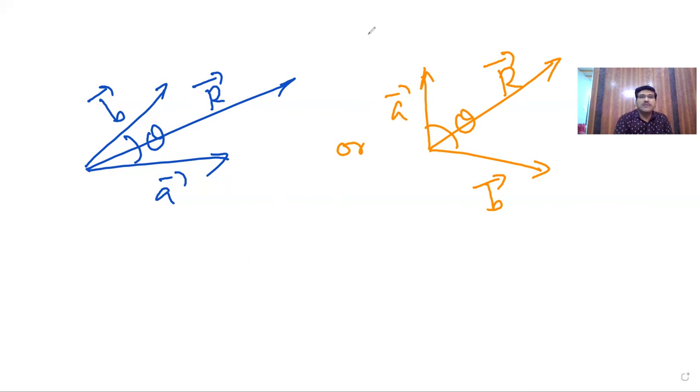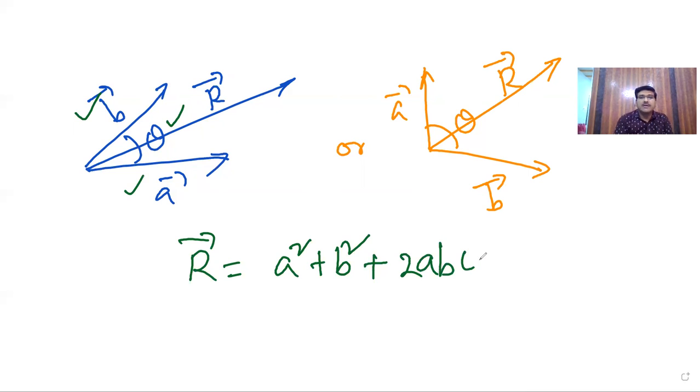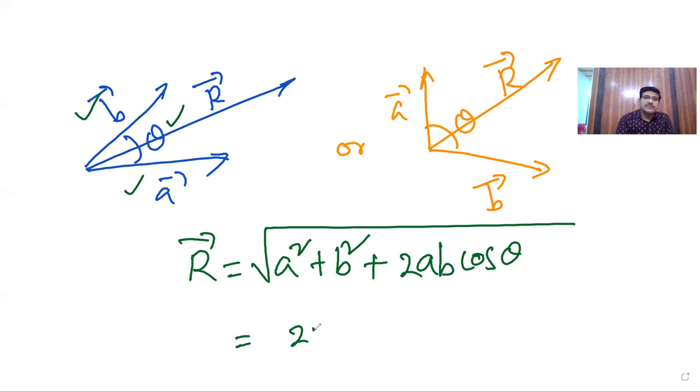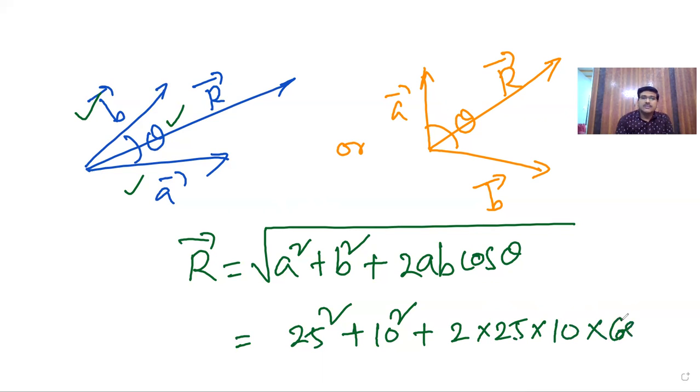Then the standard formula is, if two vectors are given and the angle between them is given, resultant R is the square root of magnitude of first vector square plus magnitude of second vector square plus 2AB cos of the angle between them. What is the magnitude of first vector? 25 square. Magnitude of second vector, 10 square. Plus 2 into 25 into 10 into cos, angle between them is 120 degrees.